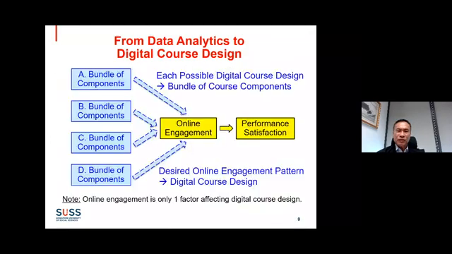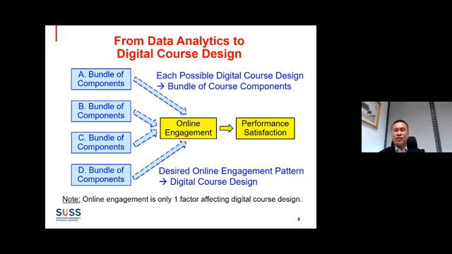If we look at the previous slide, this is a more general framework. Suppose now we're looking at how we design a digital course. In particular, online courses are now very important. Digital courses are now very important. If nothing else, because of COVID-19, we do not actually have a choice.